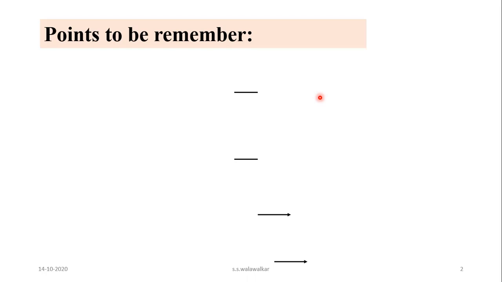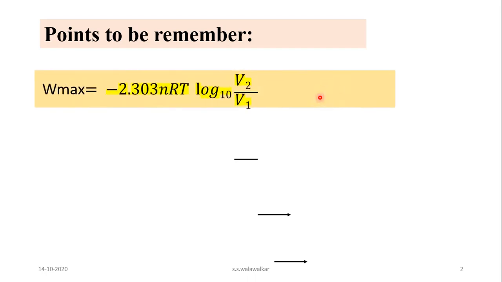Now the second point is whether expansion or compression is there. Work maximum due to expansion or due to compression, you have to use the same formula. But you have to calculate the work of expansion or compression in terms of volume change, then the formula is 2.303 nRT log to the base 10 V2 upon V1.